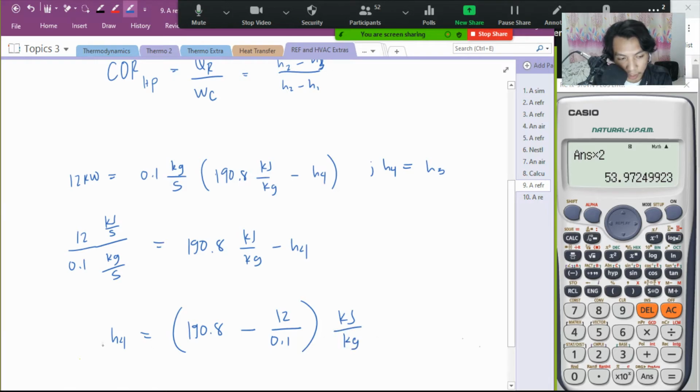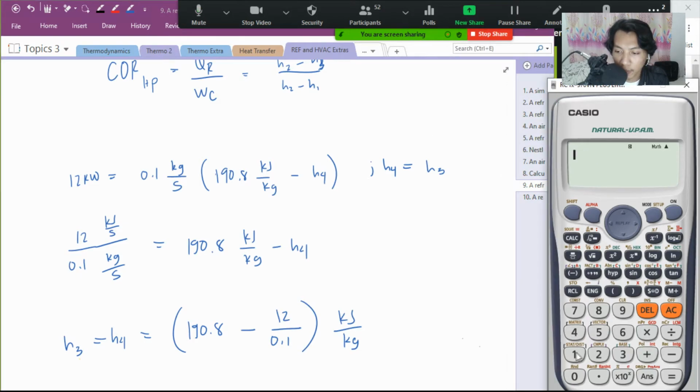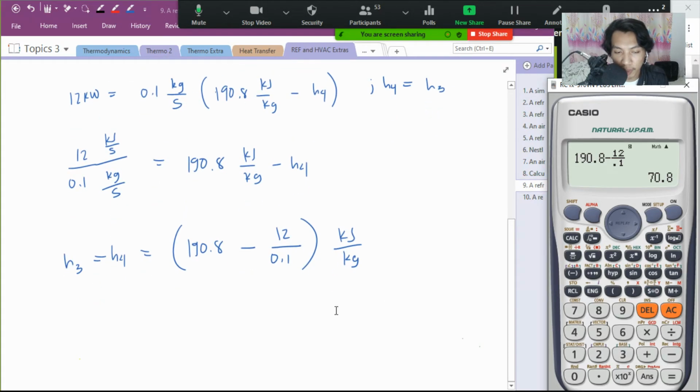That is H4. Then, it is equal also to H3. Okay. Solve natin. 190.8 minus 0.12. Hindi, 12 pala yan. 12 divided by 0.1. The answer is 70.8.